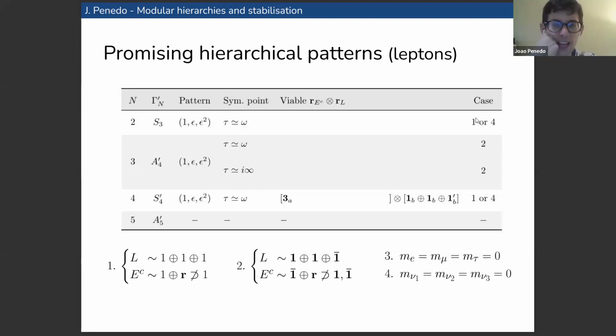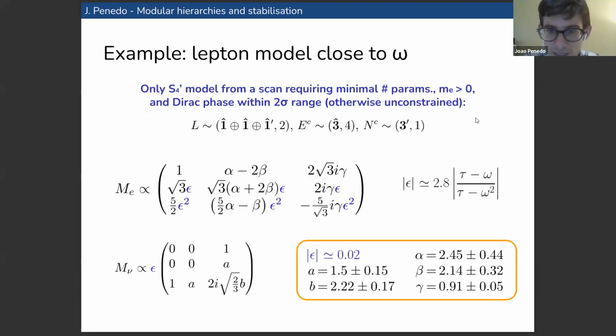It's an open question: how predictive you can make your model from the bottom up when you just have this requirement that nothing is fine-tuned. So if you look here, we still have a lot of parameters. So maybe the A5 model will be less predictive, because the tensor product got richer, and one could also have quintuplets. And in the quark sector it is even worse.